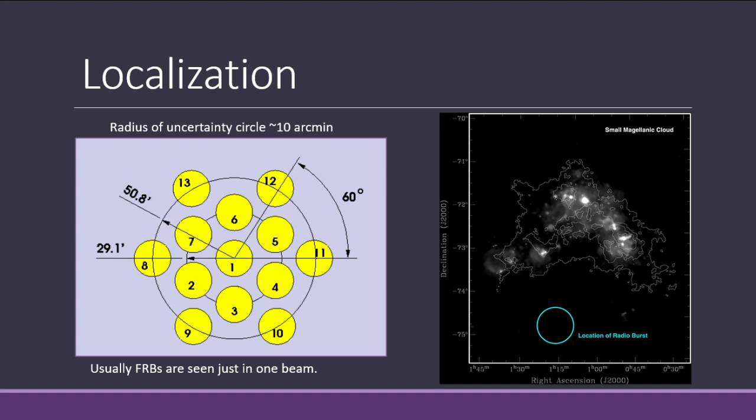We see these 13 beams in the sky, and the telescope could say just that the burst was inside one of these small yellow circles you see on the screen. This is not enough to localize the source of this burst well enough, because this yellow circle is quite large.